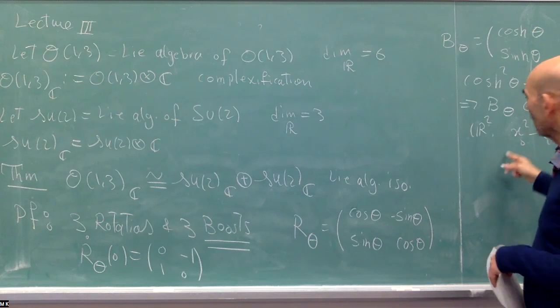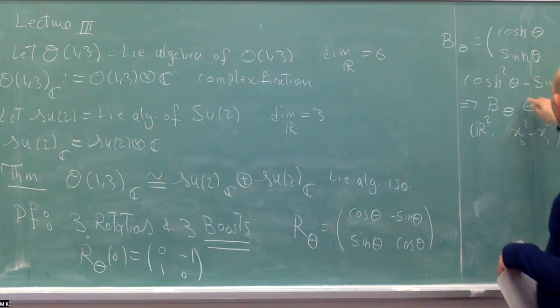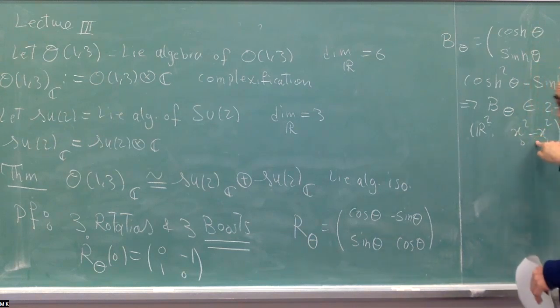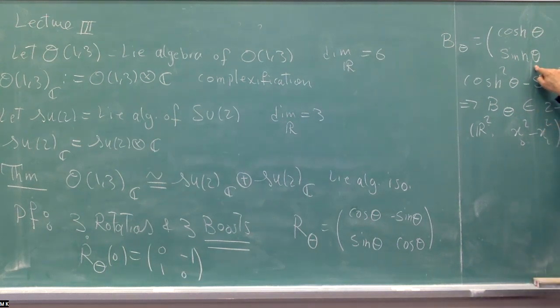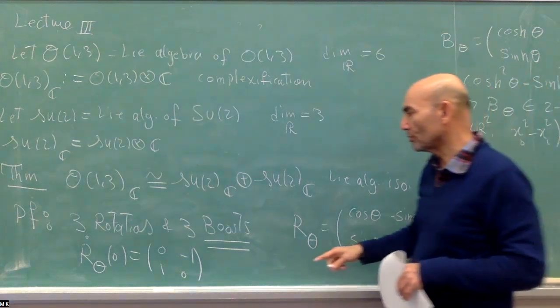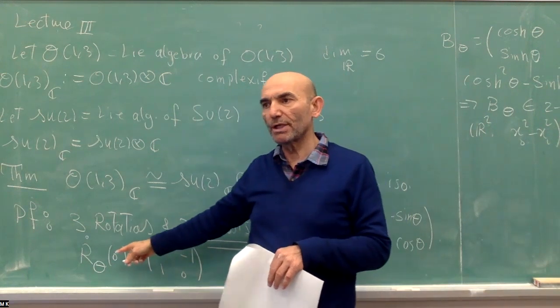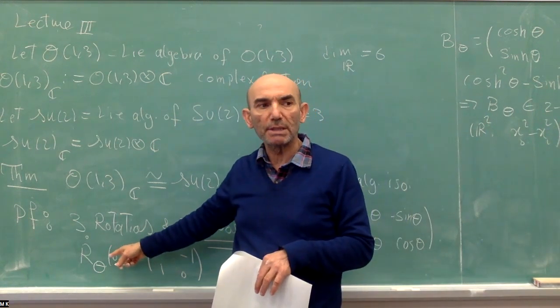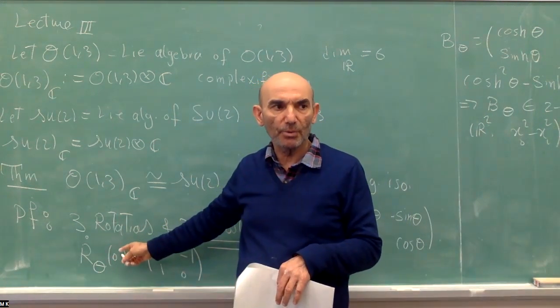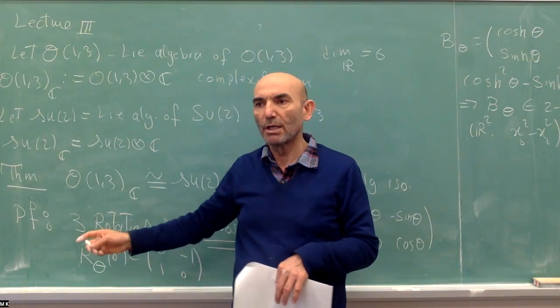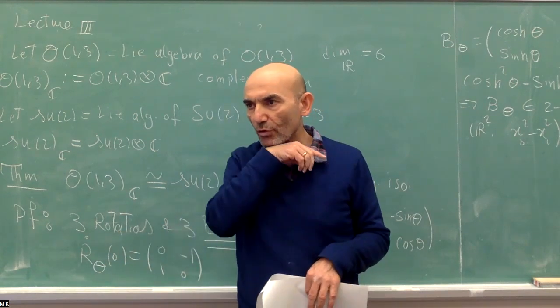To check this, you have to check that the norm squared of the first column is 1, and the norm squared of the second is minus 1, and that they are orthogonal with respect to the Minkowski inner product, which they are. That's all. It's exactly what you do to check that R_theta is an orthogonal matrix, using sine squared theta plus cosine squared theta equal to 1. You have that analog over here.